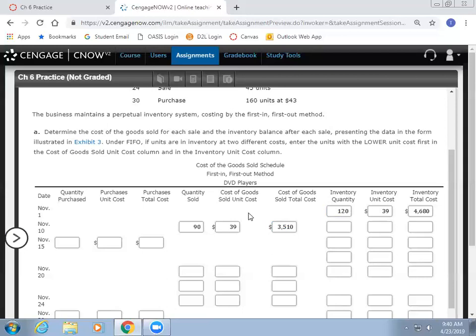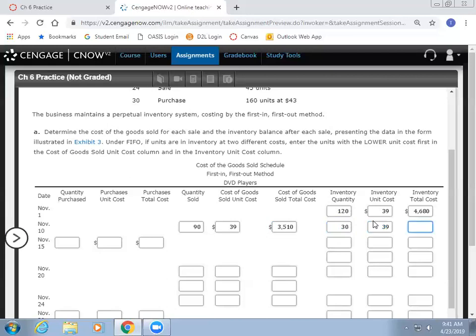So we had 120, we sold 90. How many do we have in remaining inventory? We had 120 and we sold 90. 30, thank you. So we have 30 left, still at the $39.